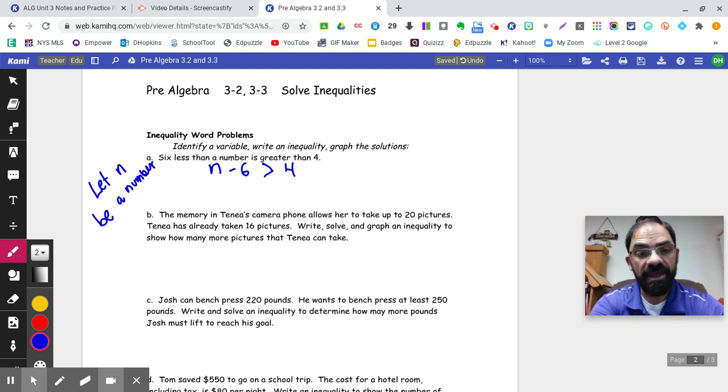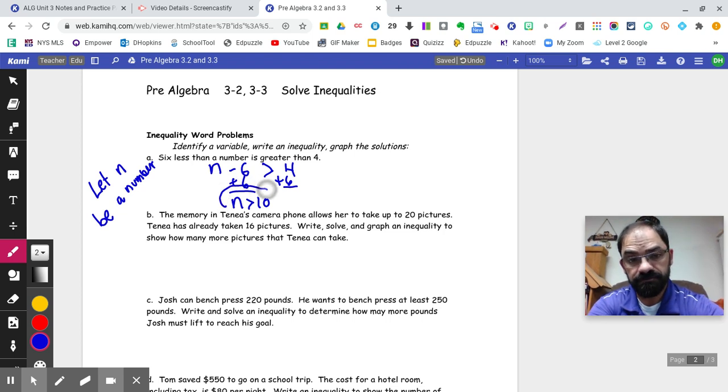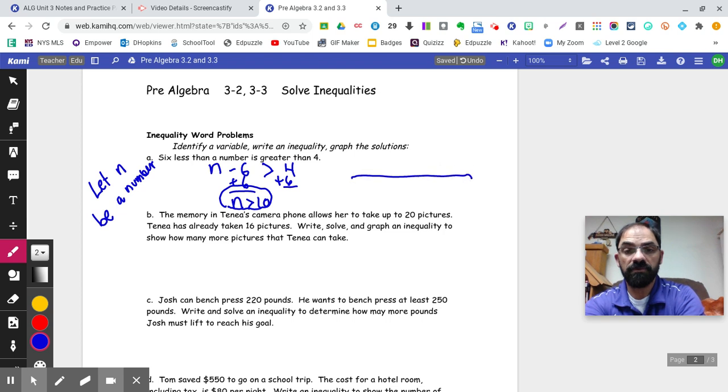So to solve for n, we want to add 6 to both sides. So n is greater than 10. That's my answer. And to graph it, remember, 10 goes in the middle of the number line, one number on each side.